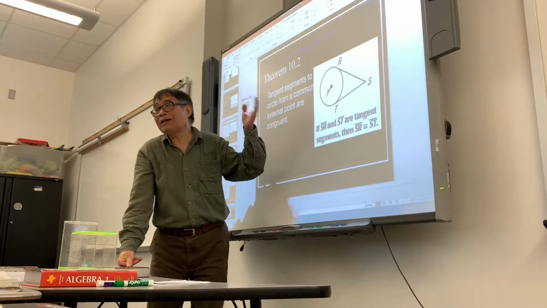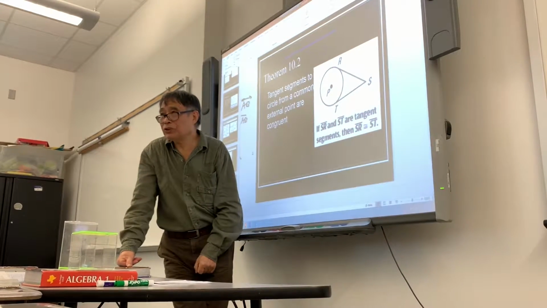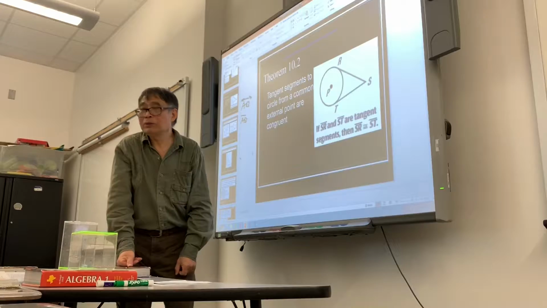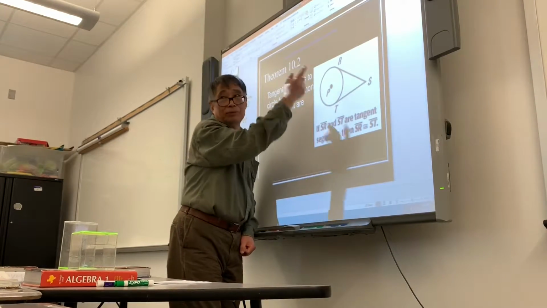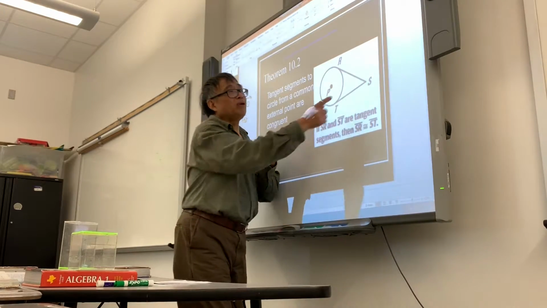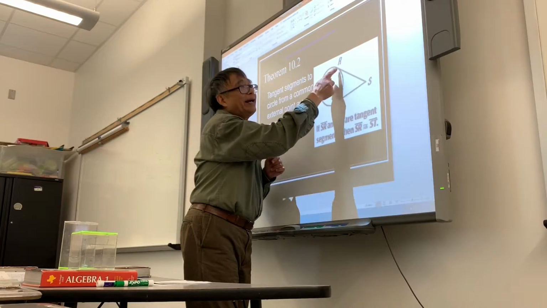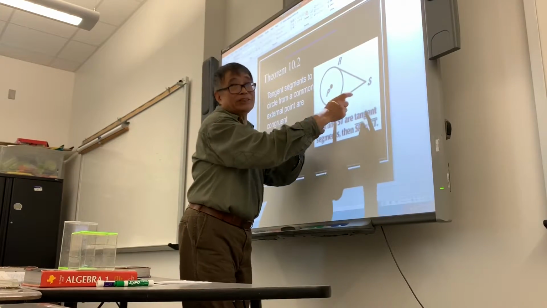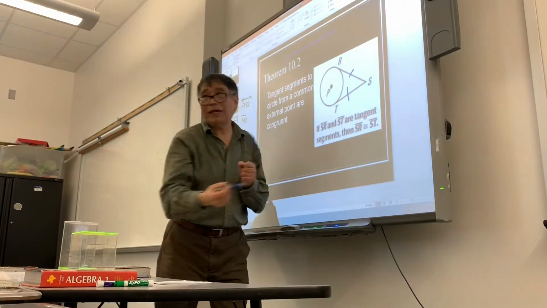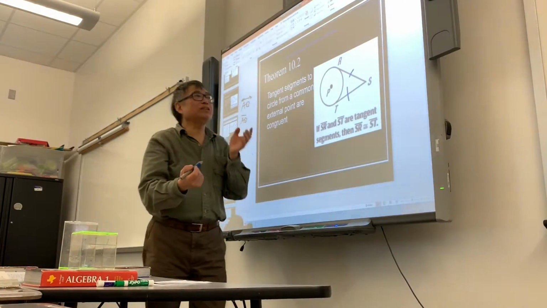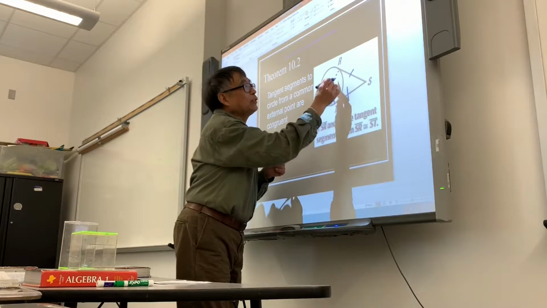The second theorem for today is the last theorem for today. This is so important. It's not easy work. If S is a point outside the circle P, from S draw two tangents to the circle. RS is a tangent segment. ST is a tangent segment. Those two are always congruent. So this is very easy to prove. For instance, right triangle.